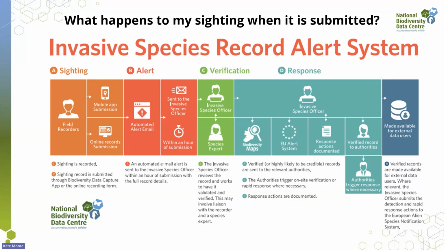Unverified sightings remain in a holding database. If a sighting is of a tagged alert invasive species, an automated alert is triggered within an hour, and this gets sent to staff at the data centre, who will review it and verify the record urgently. Verified alerts are forwarded to the relevant authorities for a rapid response.